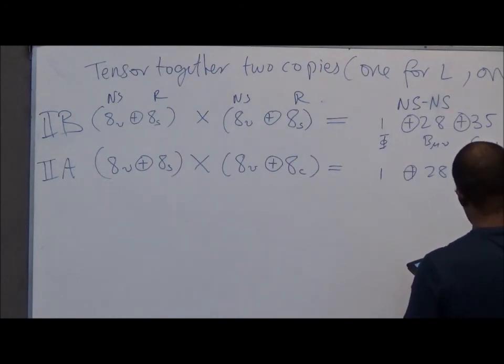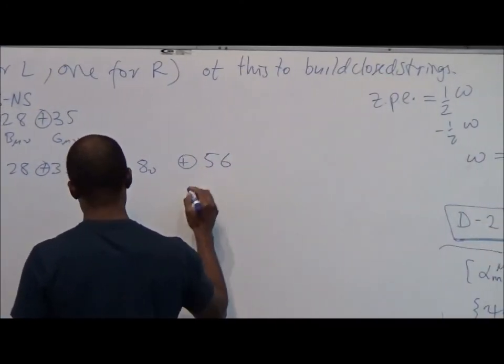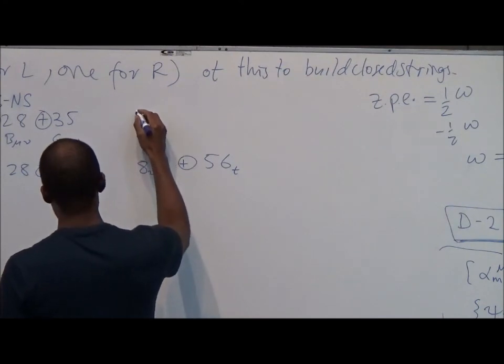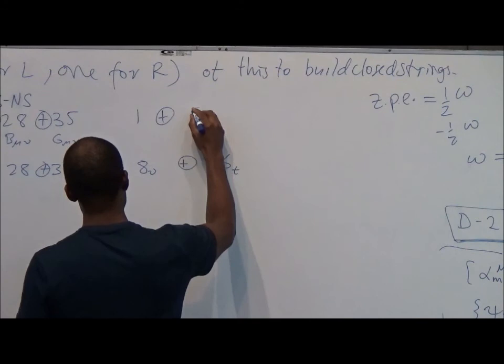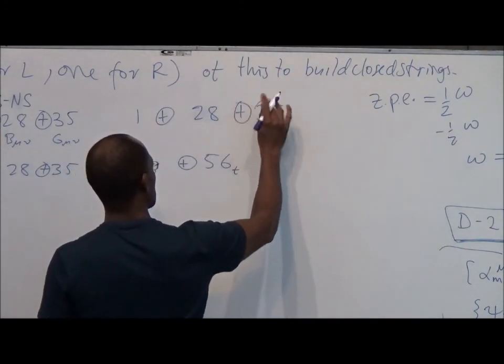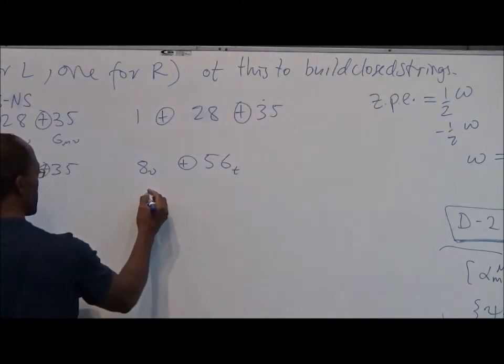This is the 8 vector plus 56 tensor, and then up here I have a 1 plus 28 plus 35 again. And these I'm going to call space-time fields.